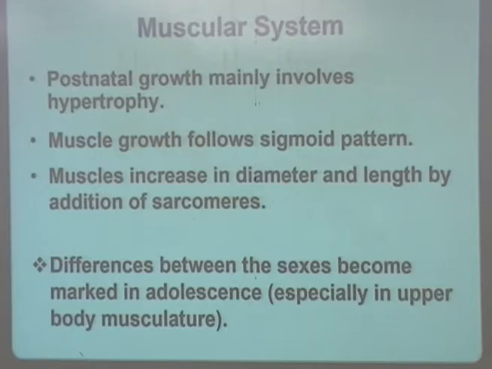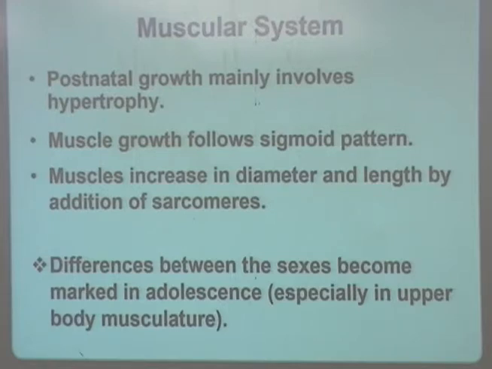So prenatally, muscle cells grow by hyperplasia and hypertrophy. Okay, so hyperplasia, I'm adding on more muscle cells. Hypertrophy, the muscle cells that I laid down are getting bigger. Once we're born, again we see a change in that pattern.